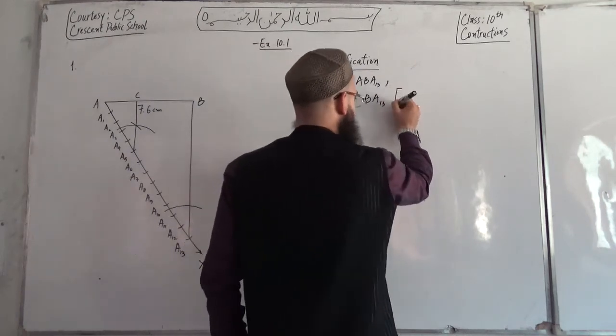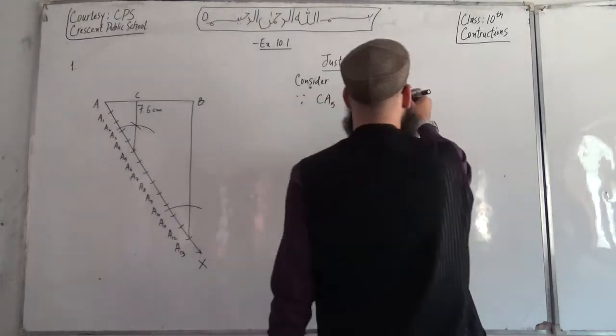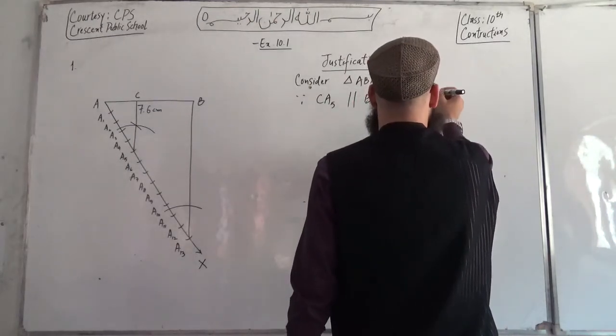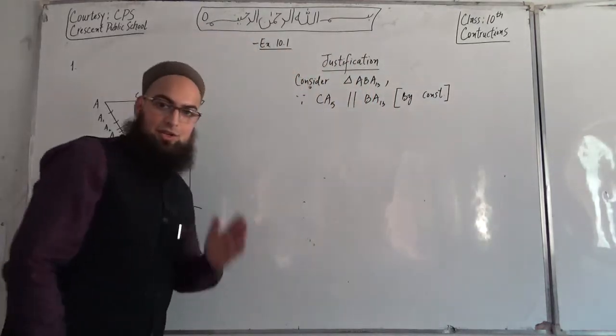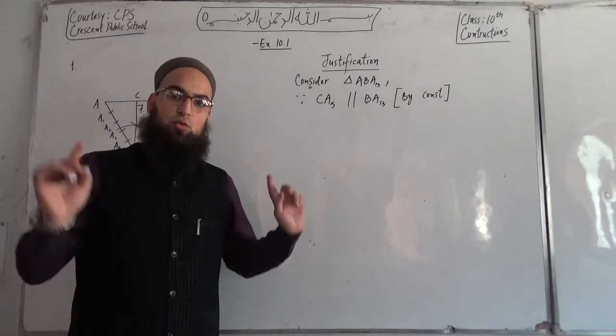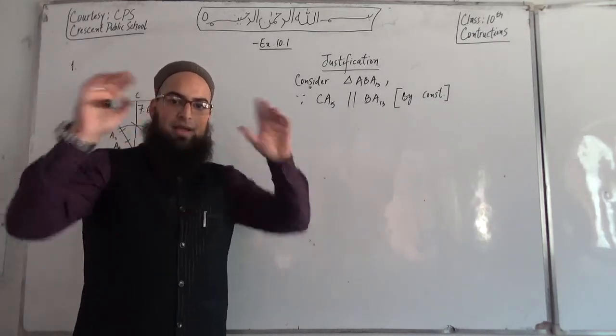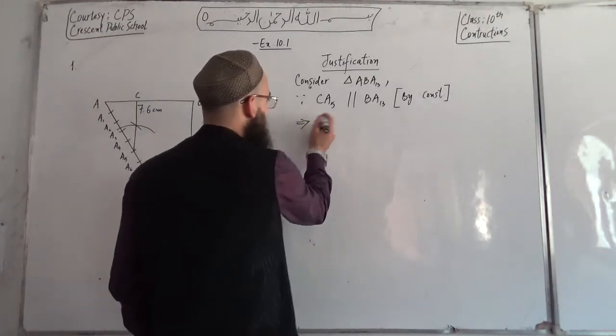Why? By construction, because we drew a line parallel by construction. In a triangle, if one line is parallel to one of the sides of the triangle, then you know by Thales' theorem, the remaining two sides are cut in the same proportion.